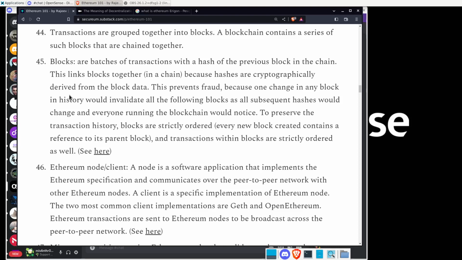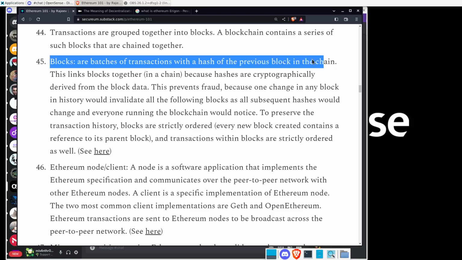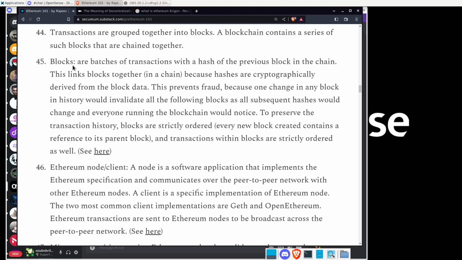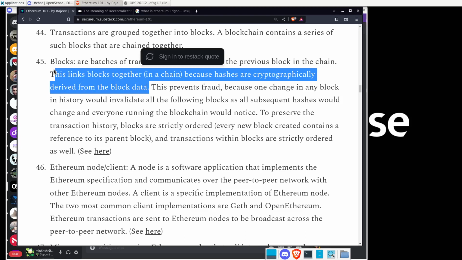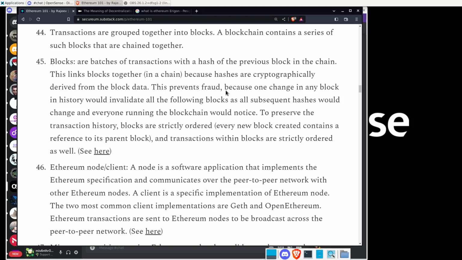I'm going to read that again, okay? Blocks are batches of transactions with a hash of the previous block in the chain. So this is already something really important. It has to be bound in your mind, okay? This links blocks together because hashes are cryptographically derived from block data. Okay, so we are using the data of the block to create the hash.